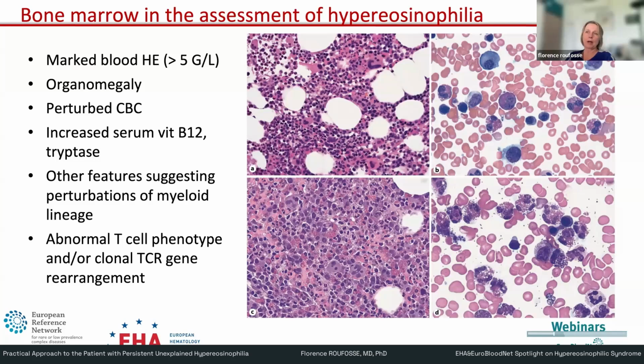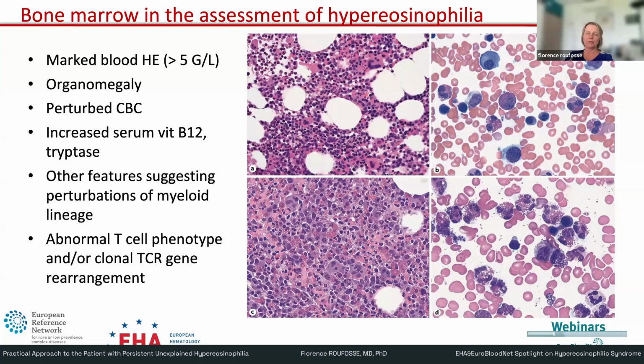Other abnormalities which are suggestive of a myeloid disorder, such as organomegaly, a perturbed complete blood count, elevated serum vitamin B12 or tryptase levels, are all situations where bone marrow biopsy might also be particularly interesting.